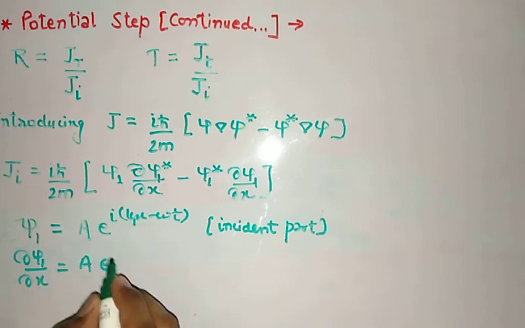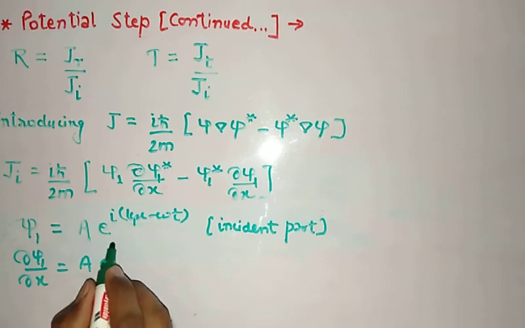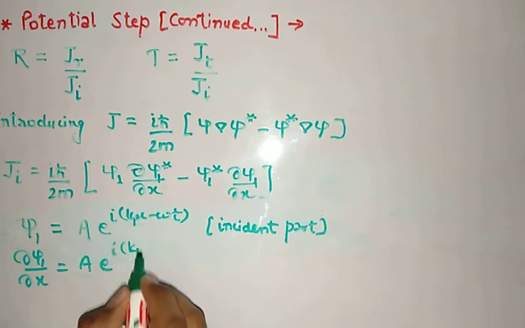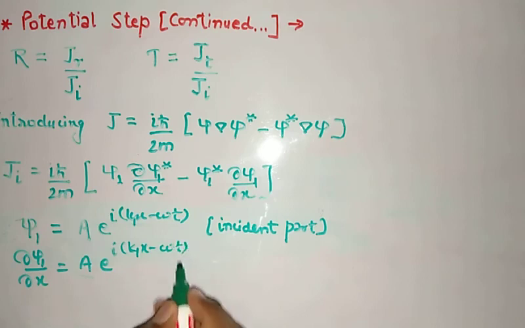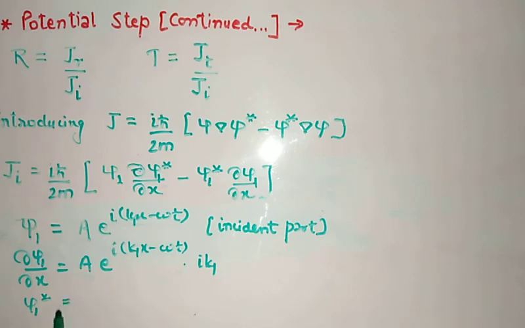This will be a e to the power i(k1x minus omega t) into i k1, and for the complex conjugate this is minus i k1x minus i omega t.